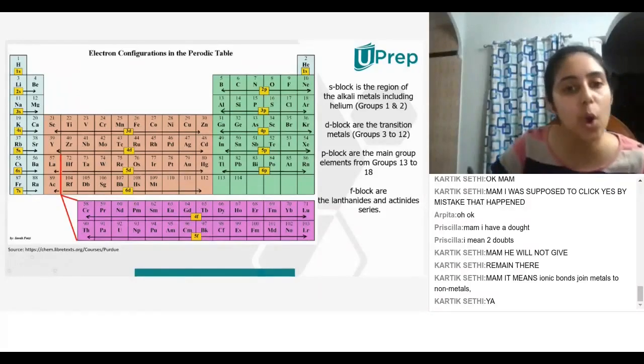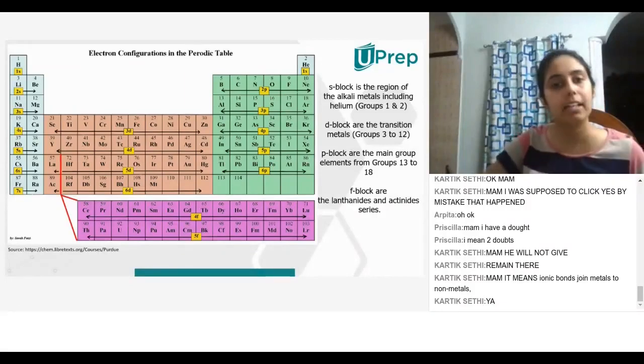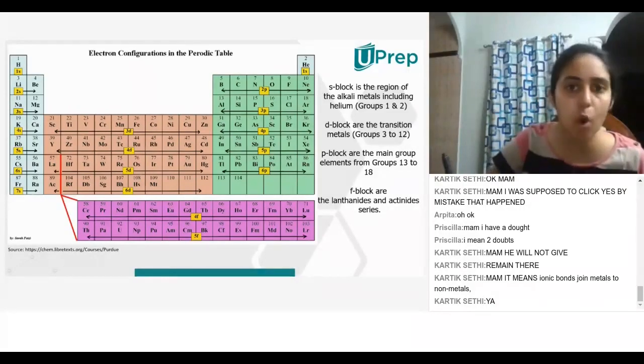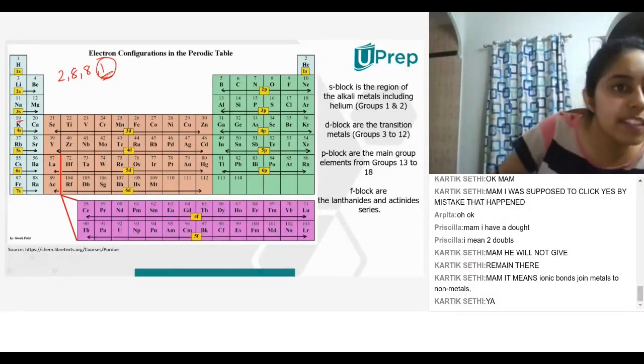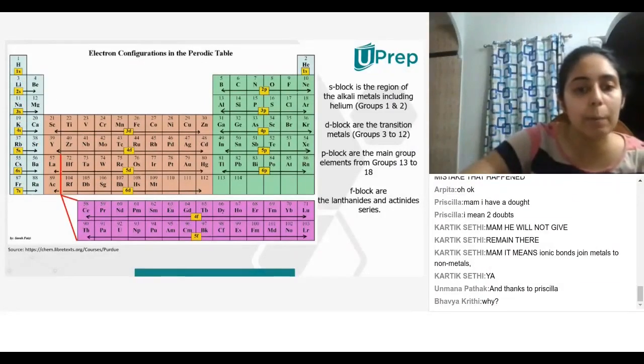Except hydrogen, which is an exception, everything else over here is a metal. Lithium, beryllium, sodium, magnesium, potassium, calcium, all of these are metals. Those in the first group have valency 1 and lose 1 electron. Beryllium, magnesium and calcium lose 2 electrons. Clear?